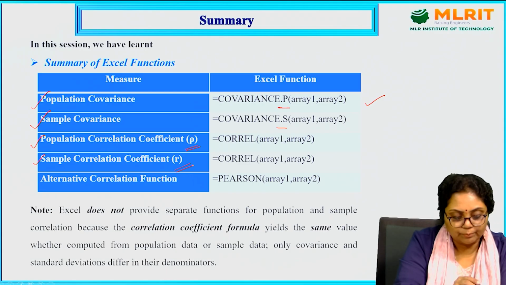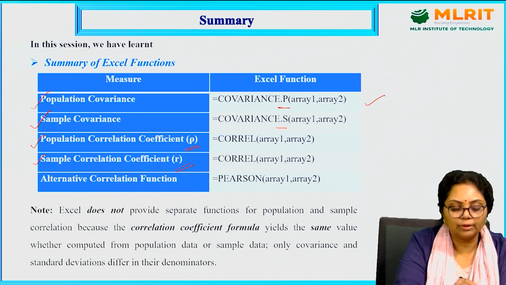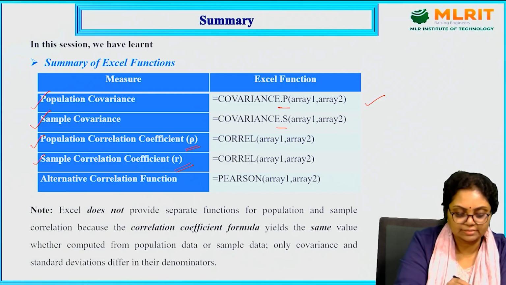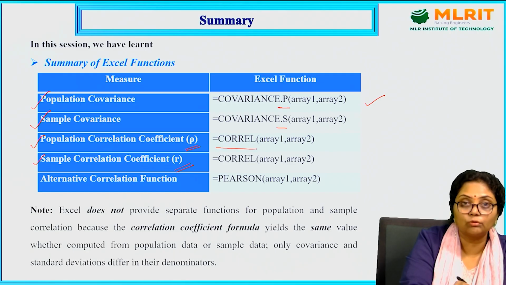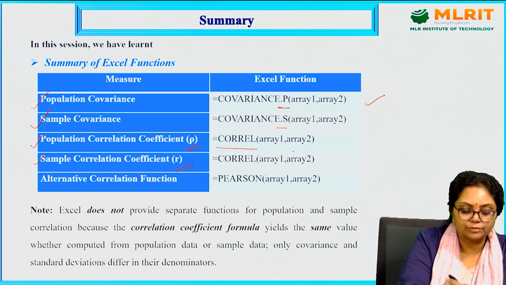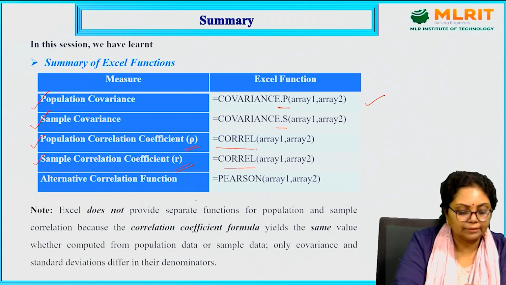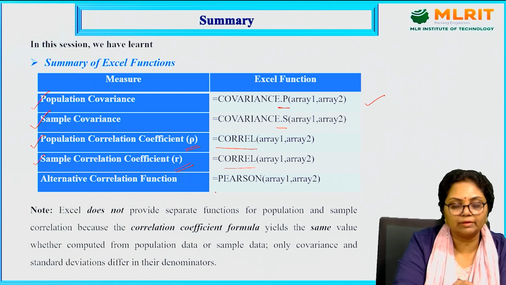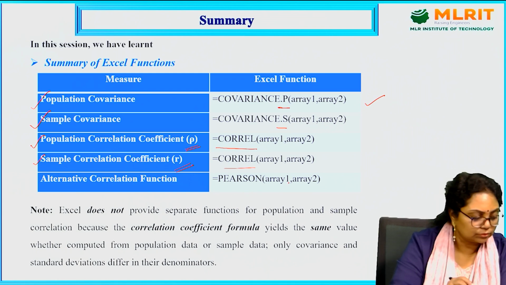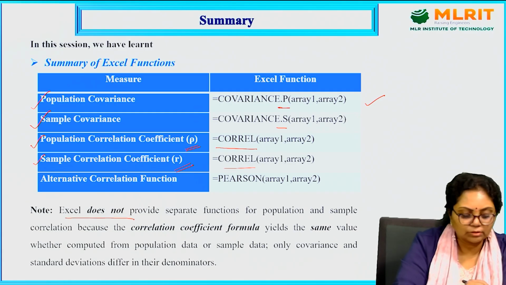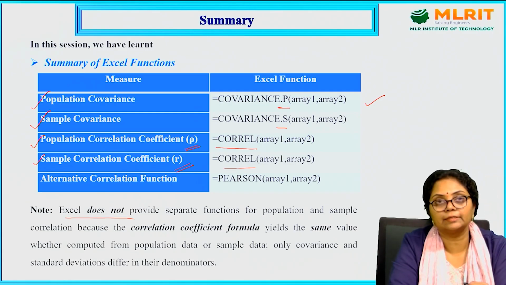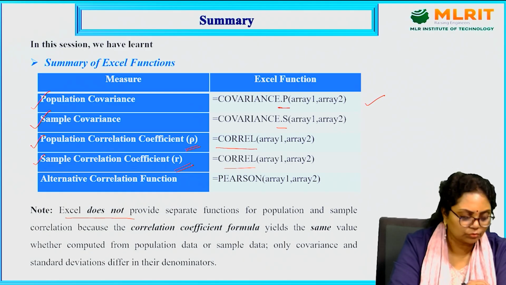But both of these have the same default Excel function, simply CORREL(array1, array2). An alternative correlation function is also available in Excel, that is PEARSON(array1, array2). Please note that in Excel there are no separate functions for the population and sample correlation quotient, unlike what we have for population covariance and sample covariance.